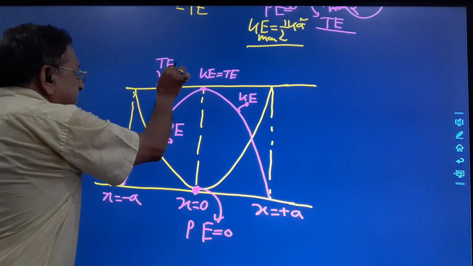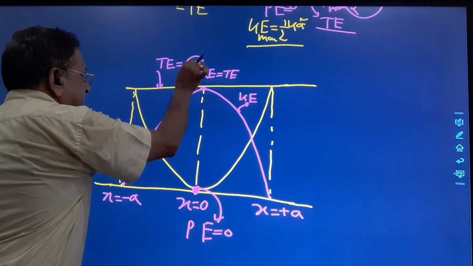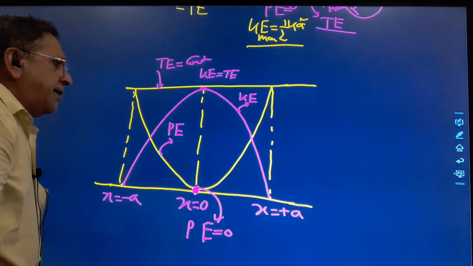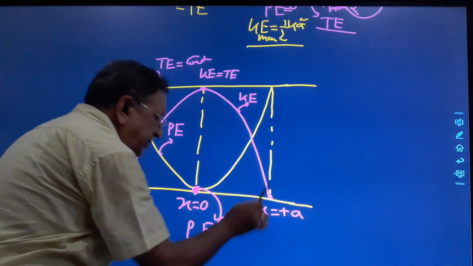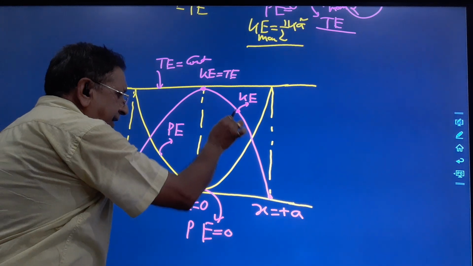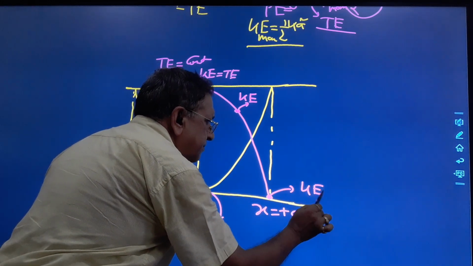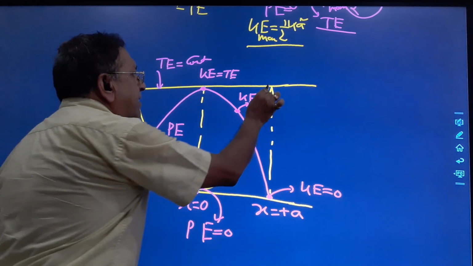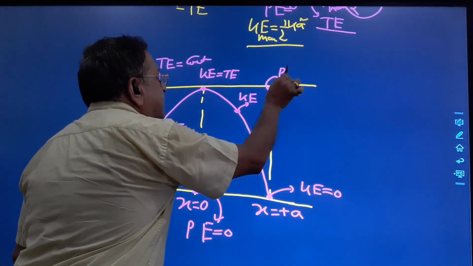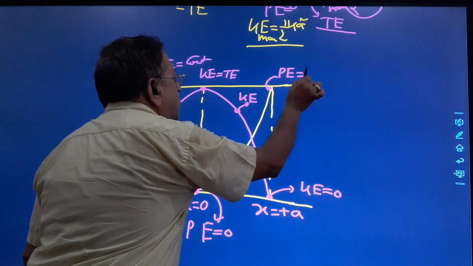At the amplitude position kinetic energy becomes 0 and potential energy is maximum, equal to total energy.